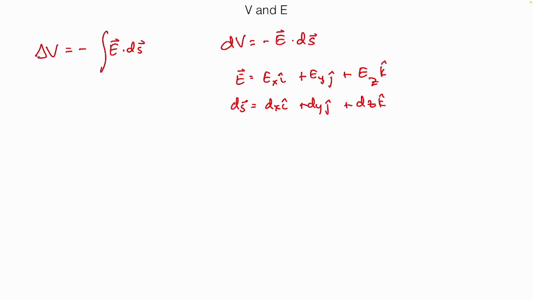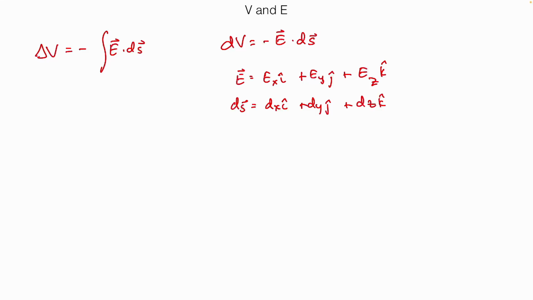It's like 9 different terms because you've got 3 and 3. But what do we know about every term that's going to be like i dot j or j dot k or k dot i? If the two things are perpendicular to each other, they're all going to turn out to be what? 0. So what are the only things that survive? i dot i's, j dot j's, and k dot k's, right?